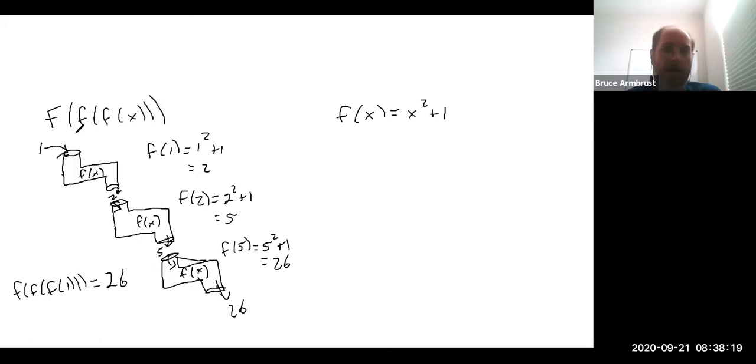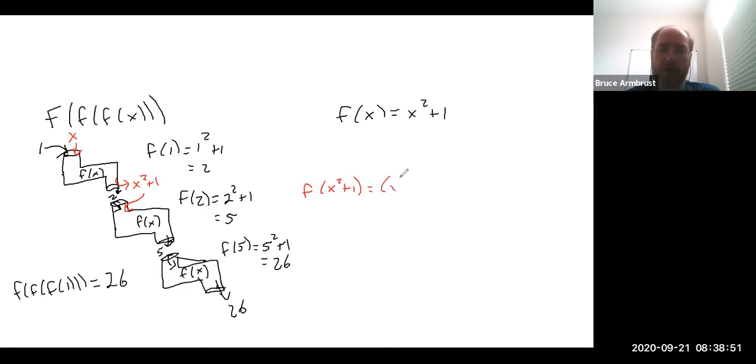So now we're putting x in. What's going to come out of the first function is x squared plus 1, because that's the rule. Now this x squared plus 1 is going to get dropped into f. So that means we need to do f of x squared plus 1.